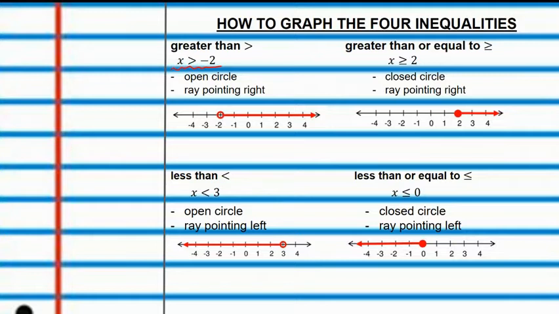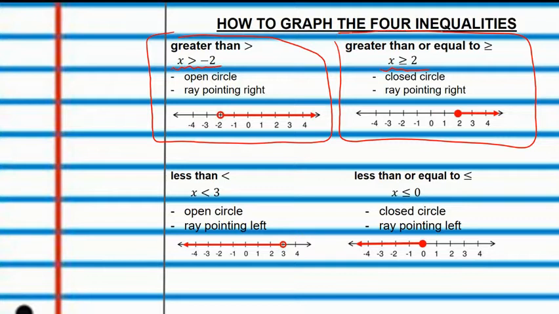Greater than or equal to has a line underneath. X is greater than or equal to 2. When we look at these two, what we also should notice is that in the graph, for greater than we have an open circle, and the ray is pointing to the right.